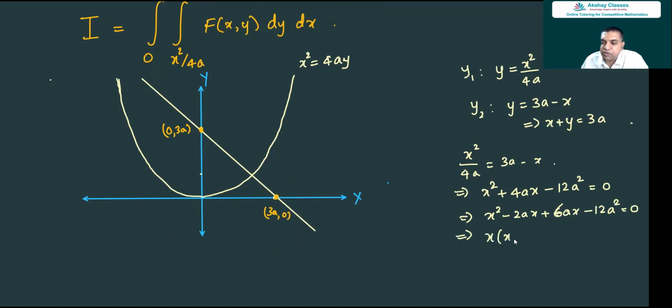So we get x into x minus 2a plus 6a into x minus 2a. So you get x plus 6a and x minus 2a equal to 0. So points of intersection, this curve cuts here: x equal to minus 6a and here x equal to 2a.